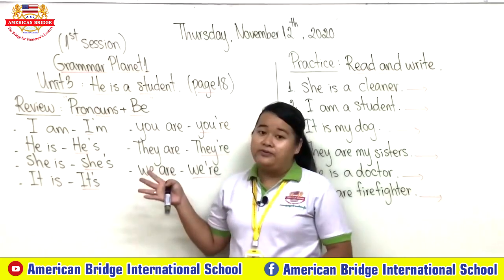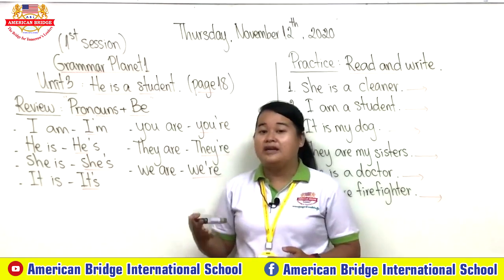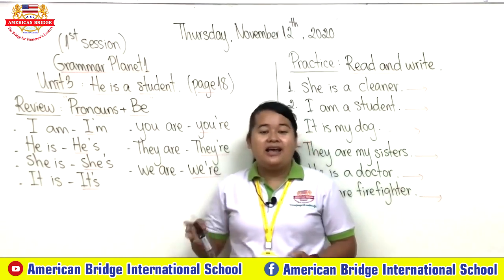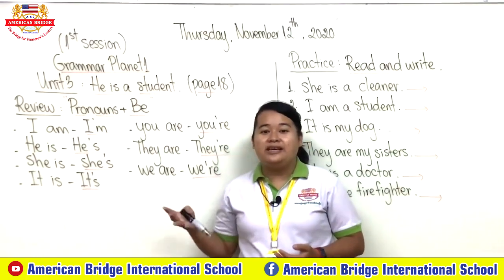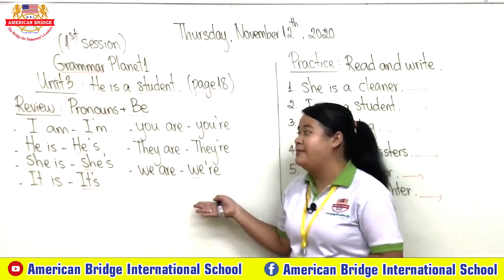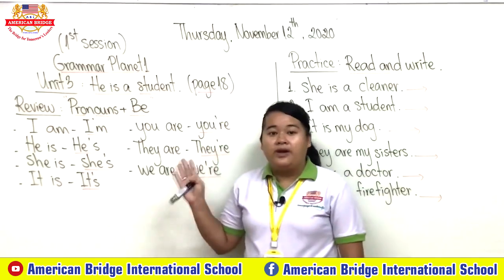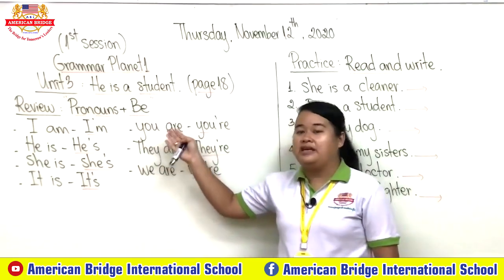As I told you yesterday, we have subject plus be. For be we have am, is, are, and for subject we have I, you, we, they, he, she, or it. Teacher will review again the way to use pronoun plus be.